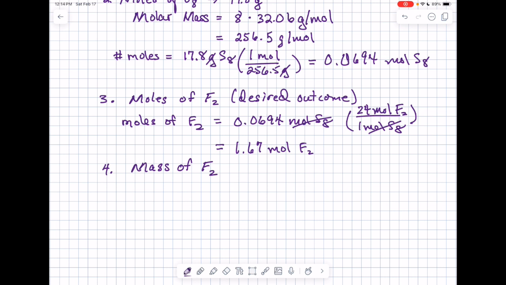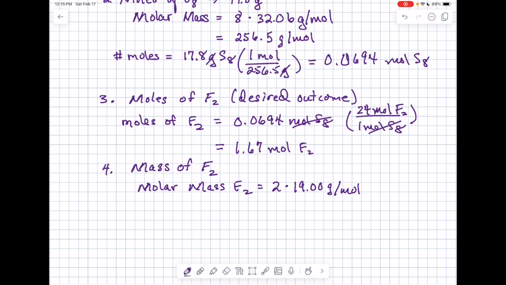So the molar mass of fluorine is going to be 2 times the atomic mass in the periodic table. And the atomic mass in the periodic table is 19.00 grams per mole. Again, rounding off to that value. So 19.00 grams per mole.